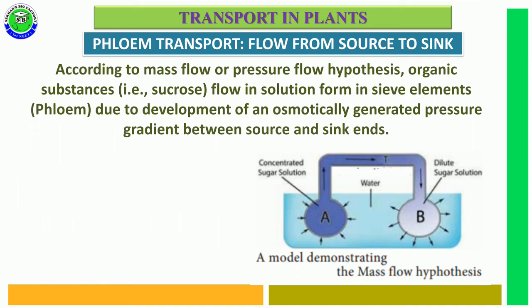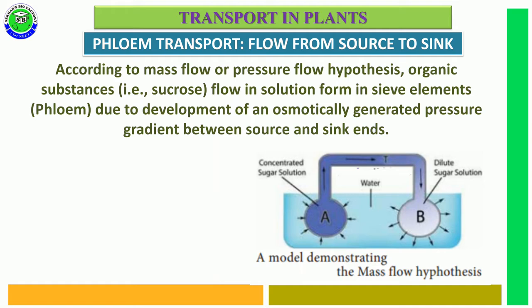According to this mass flow or pressure flow hypothesis, the organic substances in the form of sucrose flow in solution through sieve elements like phloem, due to development of an osmotically generated pressure gradient between the source and sink ends.